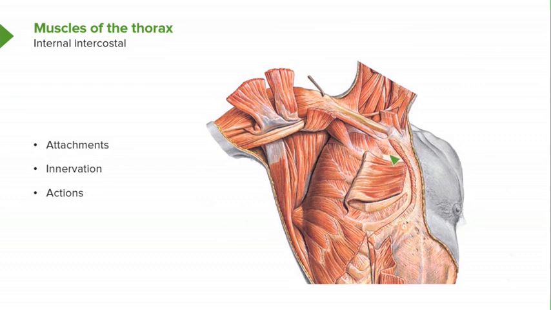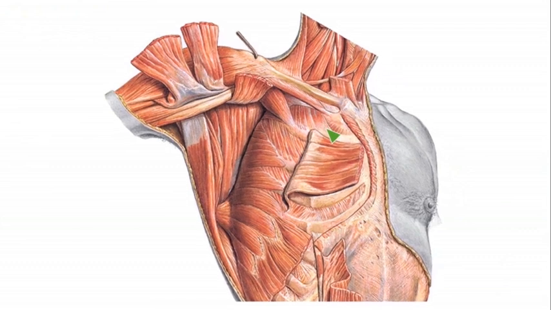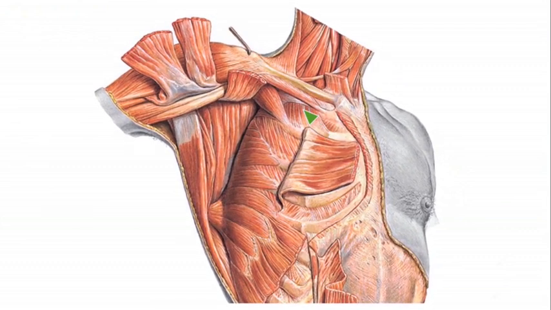If we take a look up here in the first intercostal space, we can see the termination of your external intercostal in this first space with the muscle fibers running down and in, and then here running from that end of the external intercostal musculature to the sternal border, you can see the fibers of the internal intercostals running down and outwards, and so those are oriented in a different direction than the externals.